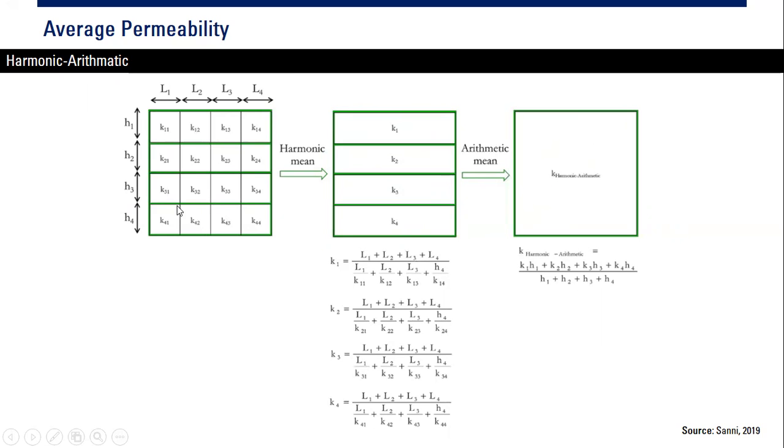If you have this in your simulation, then the calculation can be too long. But if you have only one value, the simulation can be significantly faster. So averaging is very, very important in our simulation or calculation.